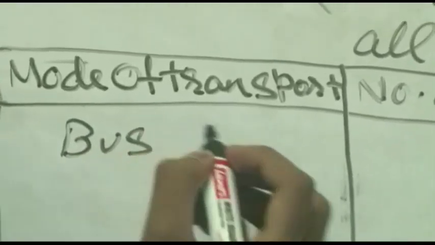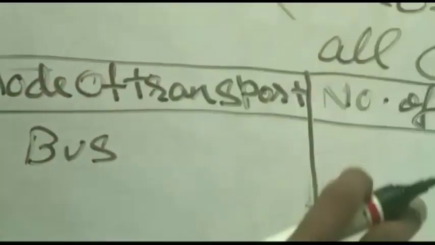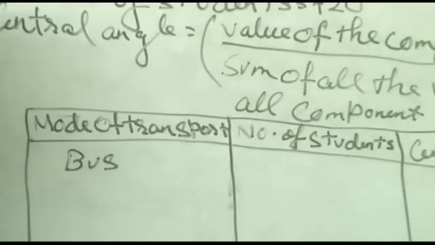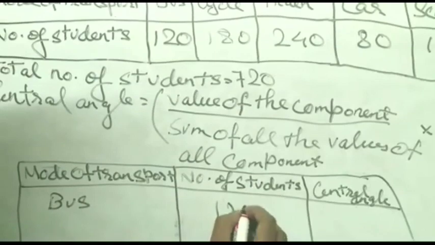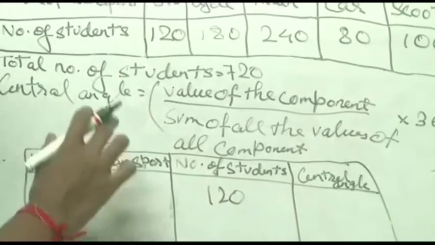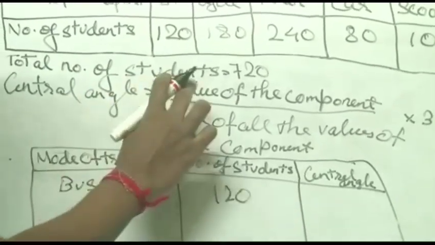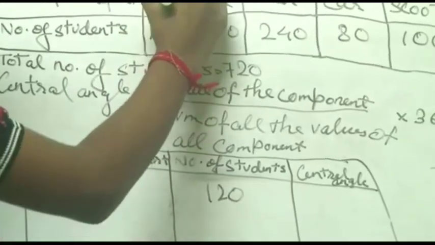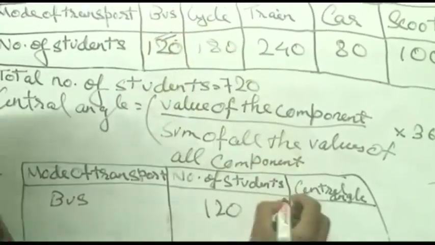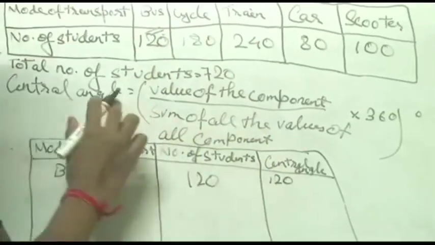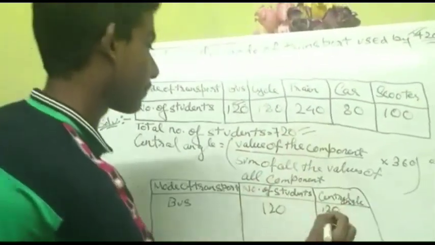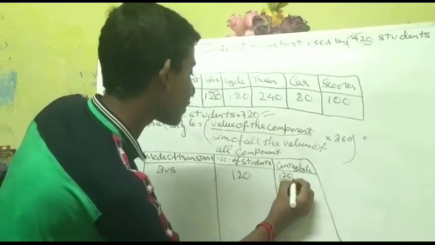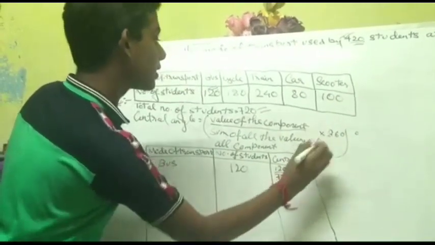First you have to find it for bus. Here bus is given, so you have to find it for bus. Number of students who have used it is 120. So you have to use this formula. Value of the component is 120, and sum of all the values of our components is 720, into 360 degree.